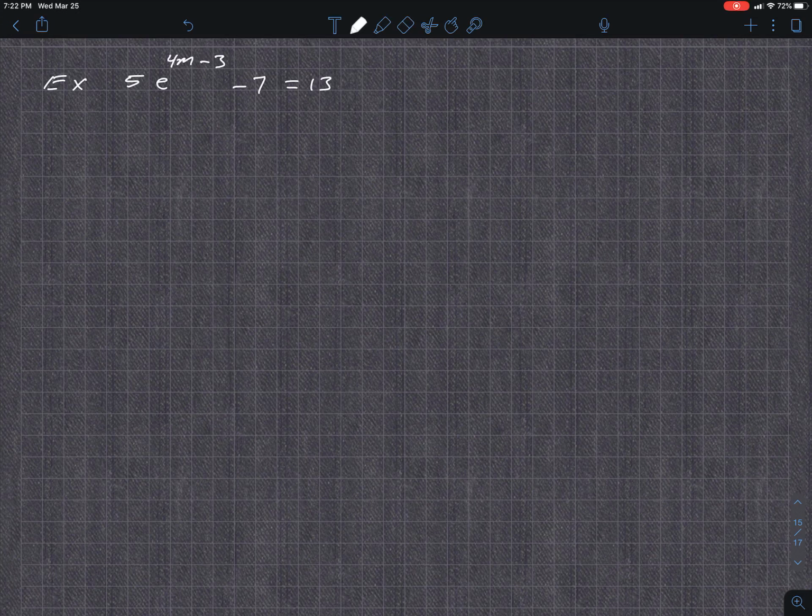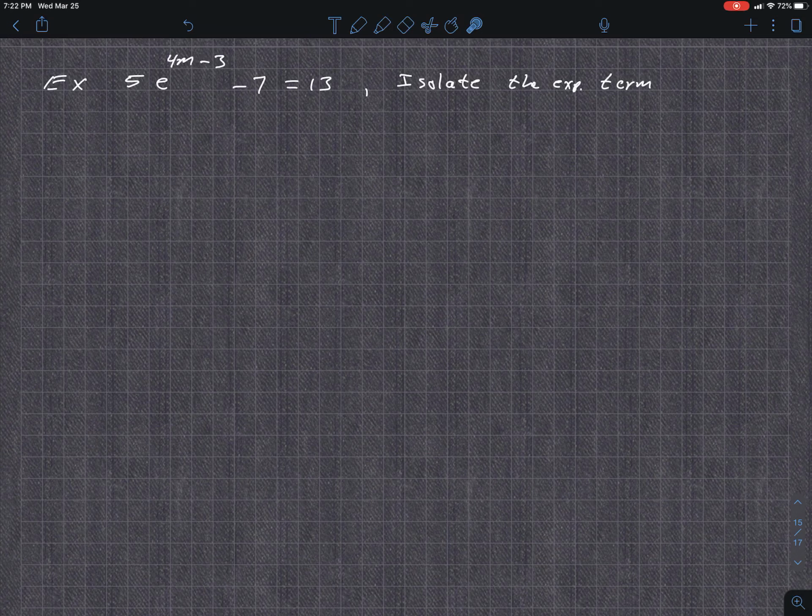So you can then raise it to ln on both sides and use the inverse properties. All right, so the first thing you want to do is isolate the exponential term. So the term with the exponential. This is the term here, the entire thing that has the exponential in it.